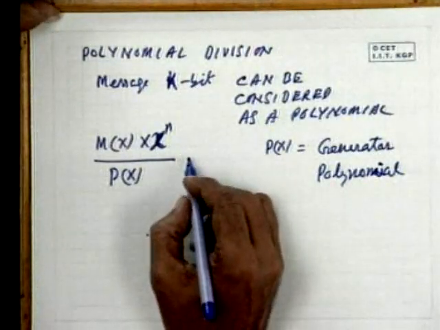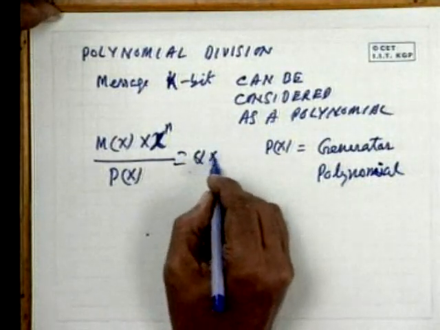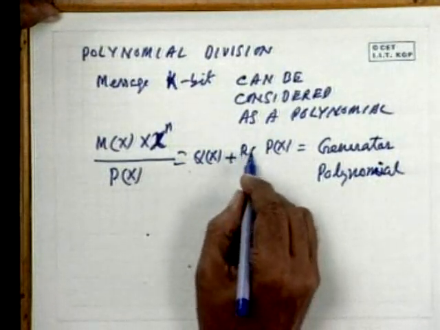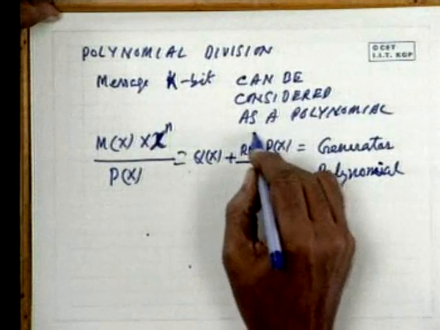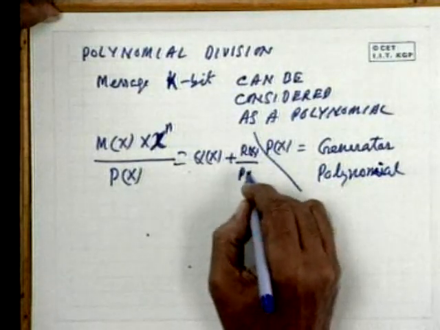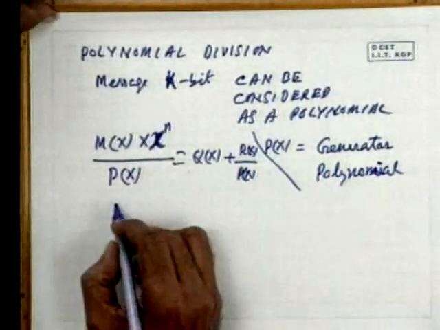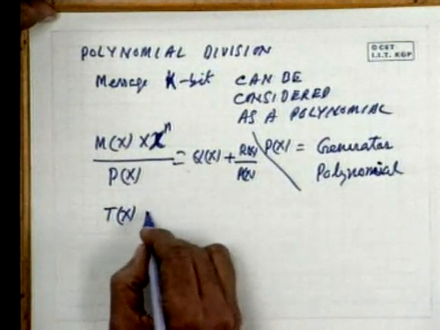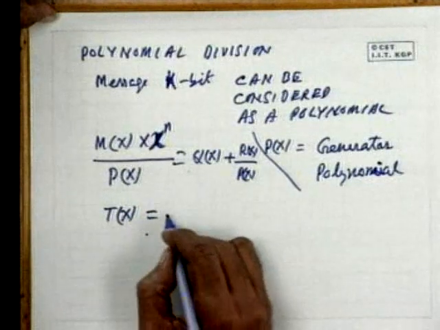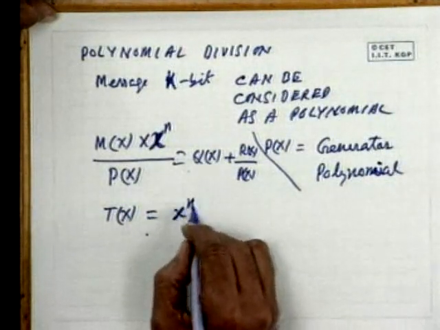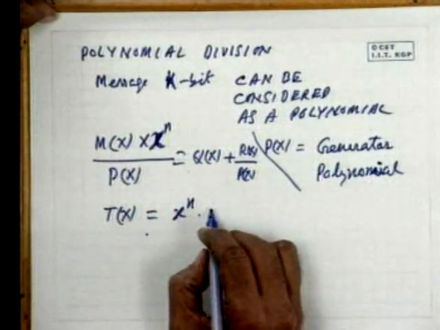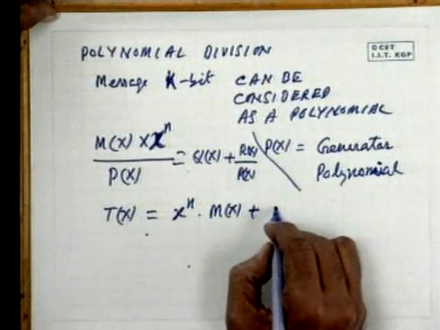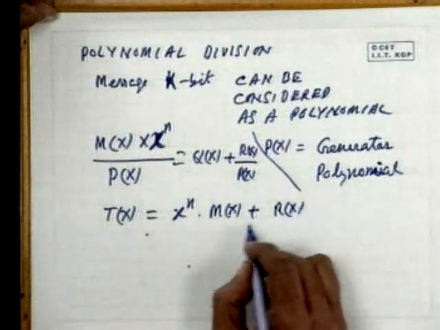And after dividing, you get the quotient plus remainder by Px. And the Tx that is being transmitted can also be represented by a polynomial, which is equal to x to the power n into Mx plus Rx, which is the remainder.